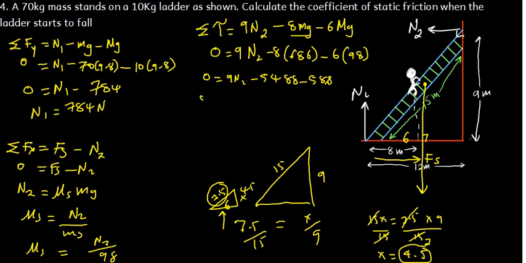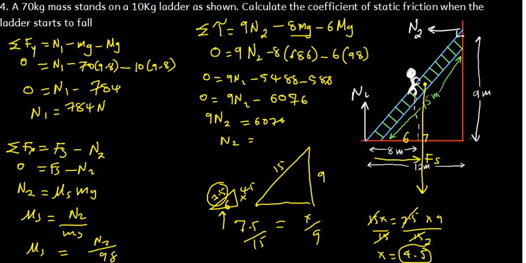That is 0 is equal to 9 N2, 588 plus 5488. So this is going to be 6076. I'm going to take this value there, so that will be 9 N2 is equal to positive 6076. To remain with N2, that is going to be equal to that value divided by 9.